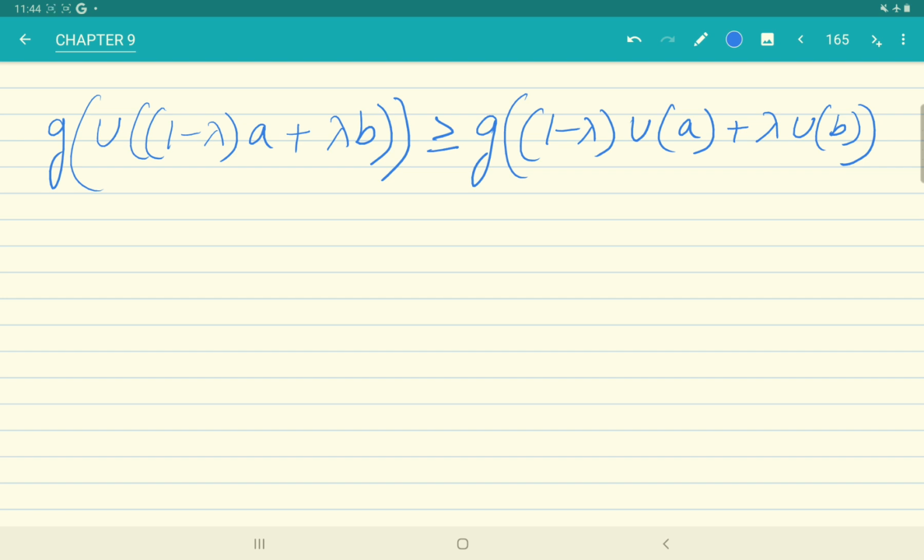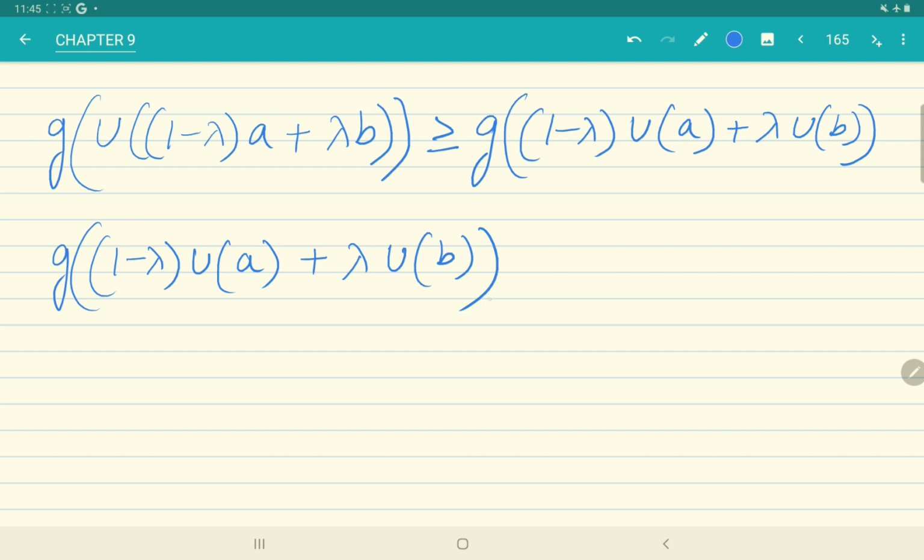We also know that g is concave. If g is concave, what does that mean? That just means that I can now write g of 1 minus lambda u of a plus lambda u of b.